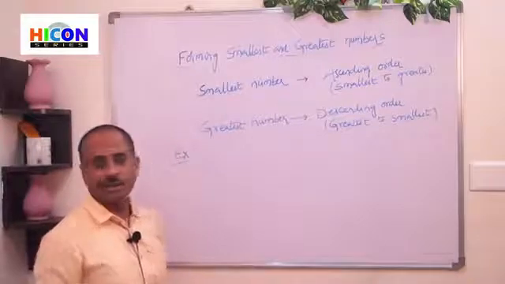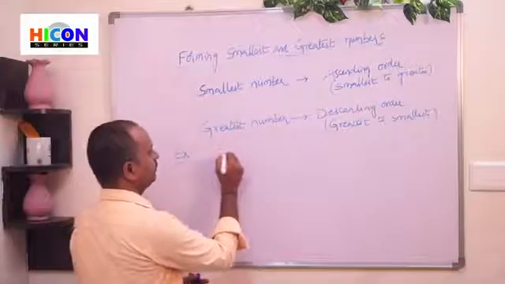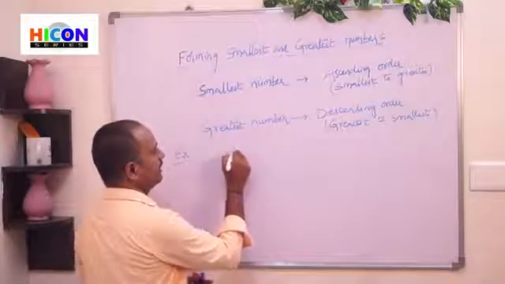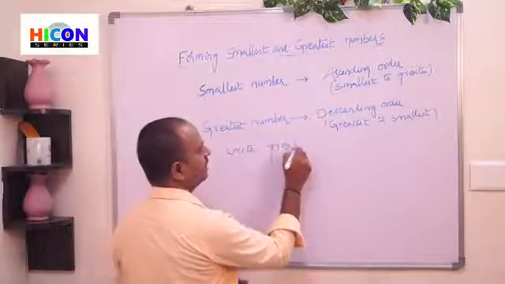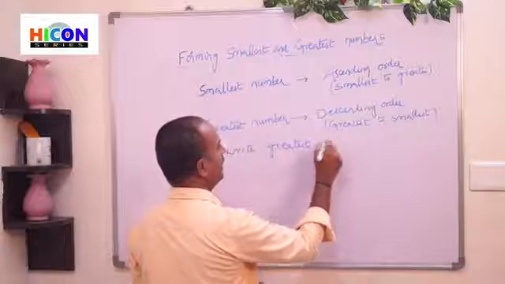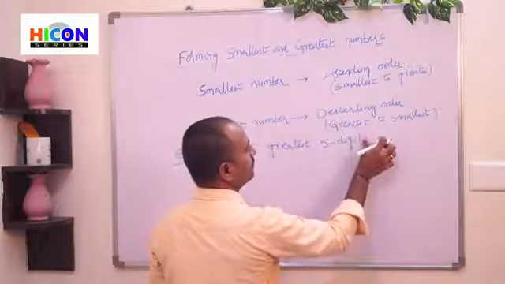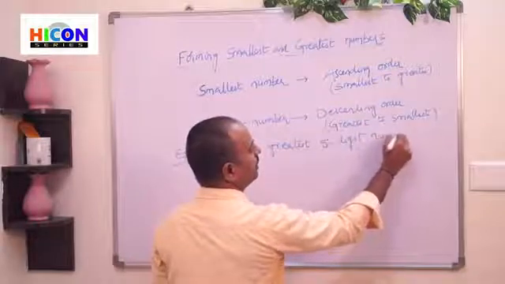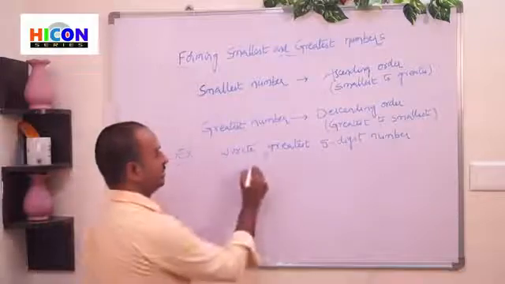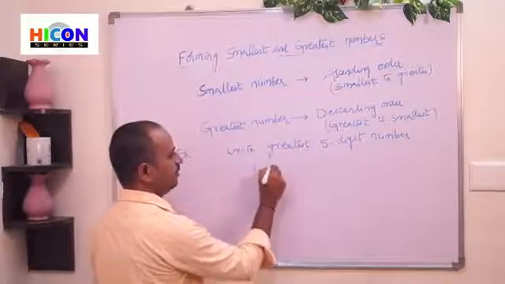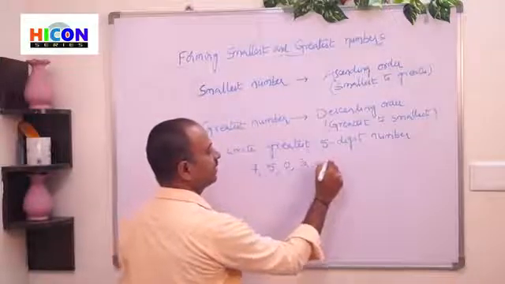Write the greatest 5-digit number by using the digits 7, 5, 0, 3 and 8.